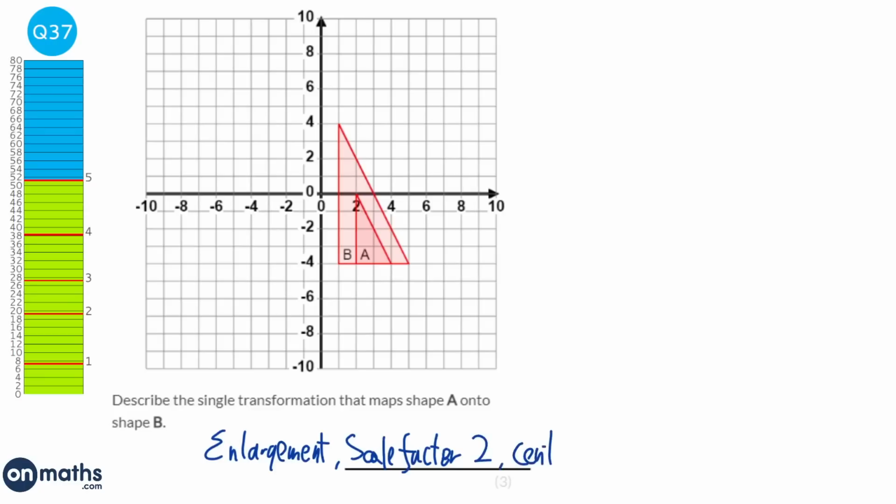And last thing we need is the centre of enlargement. And to do this, we're just going to connect all of the vertices, all the corners of the triangle, with straight lines. Make it as precise as possible. And we've got the bottom left corners as well.